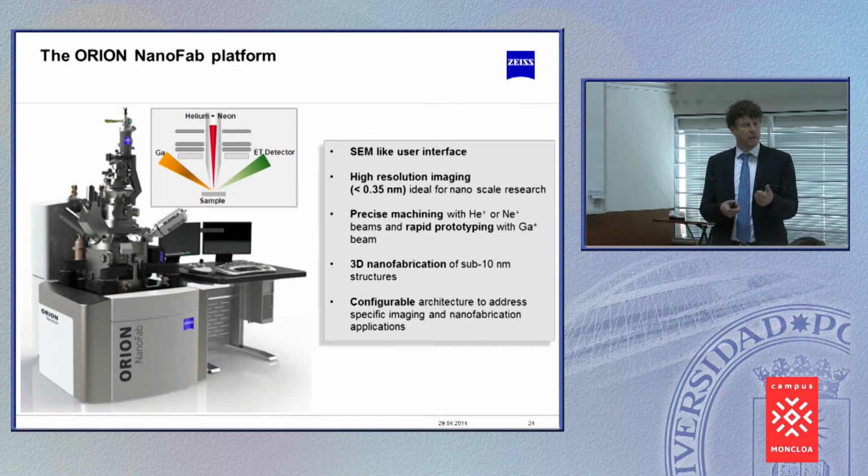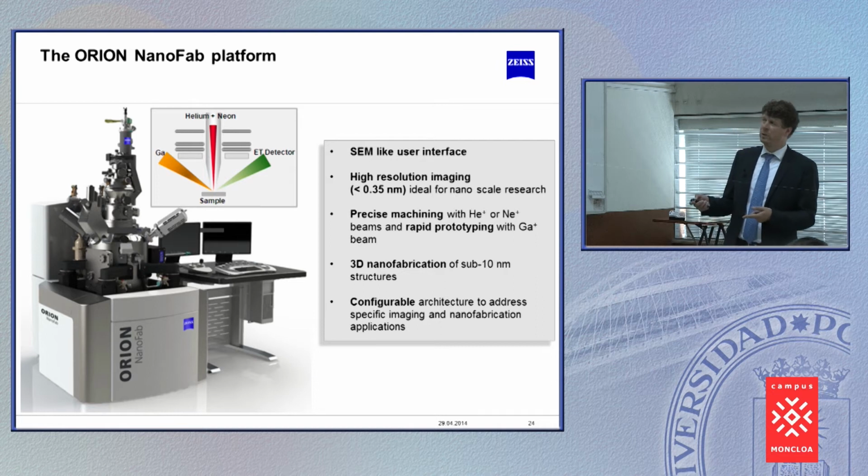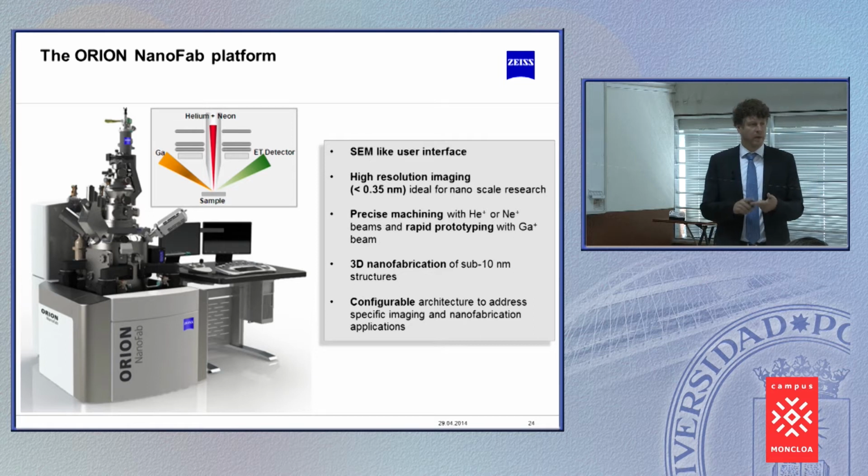There you can use the helium and the neon as an imaging gas or for nanofabrication. And with the new Orion nanofab, we can combine the helium, neon, and additionally the gallium. So this is a really powerful tool. It's like a Leatherman.